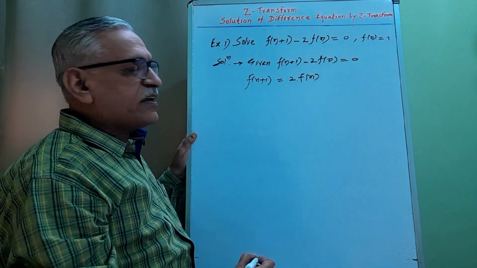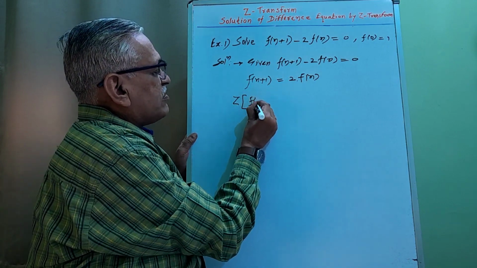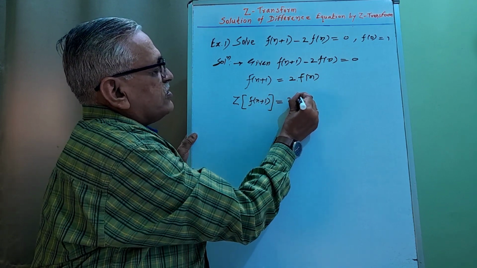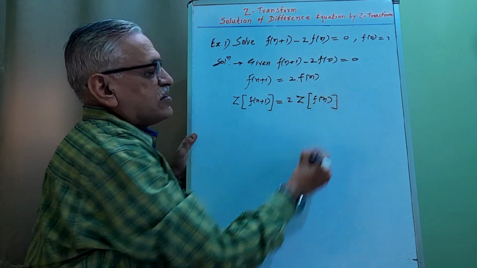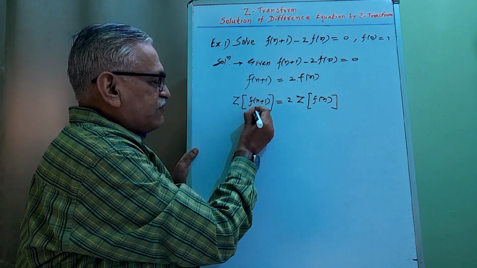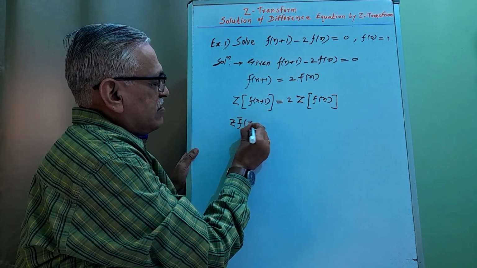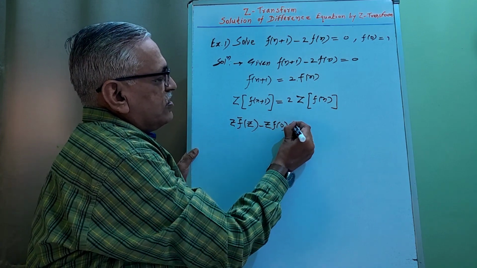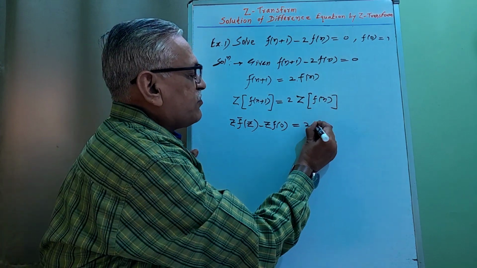Next step, taking Z transform on both sides, capital Z of f of n plus 1 is equal to 2 times Z transform of f of n. Applying the standard result, its Z transform is z f bar of z minus z f of 0, and that is equal to 2 times f bar of z.